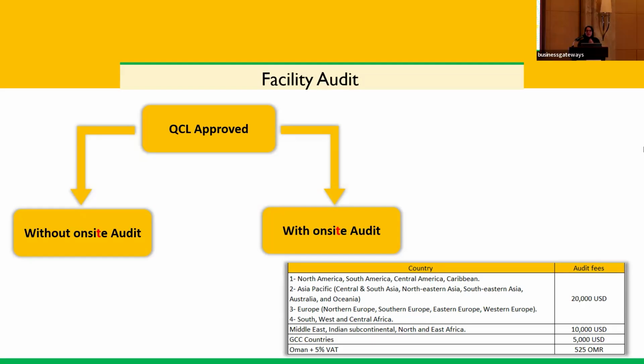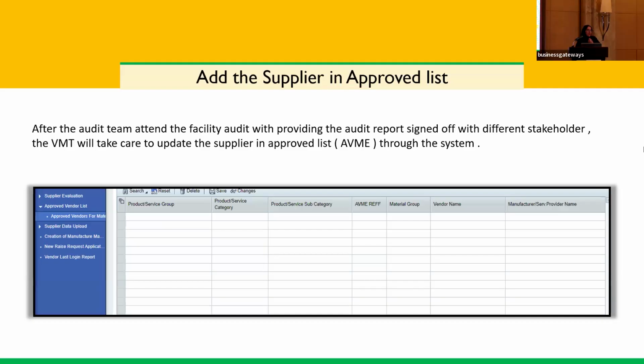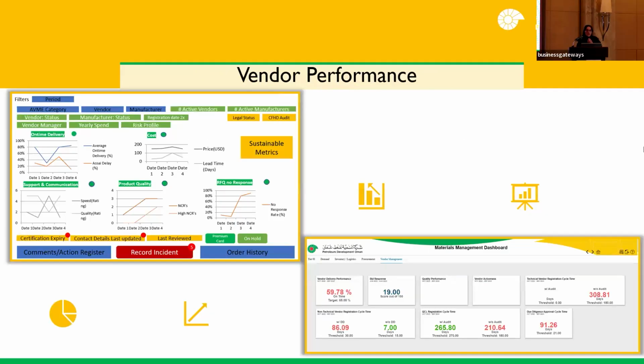Okay, this is our internal vendor performance, how we are controlling or managing our vendor performance. There is a non-compliance consequence.